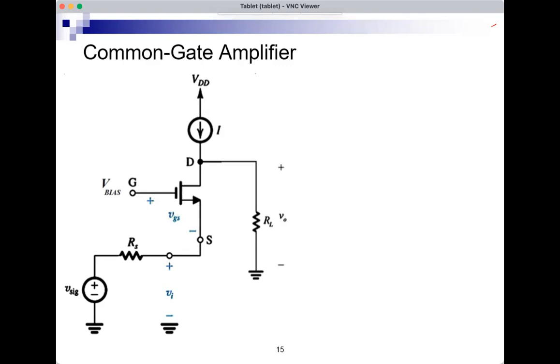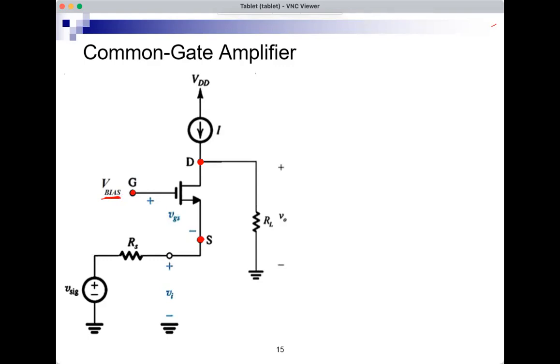And we'll start today with the common gate amplifier, where the input is applied at the source terminal of the MOSFET, and the output is taken from the drain. And the gate is common. The gate has a pure DC voltage, which means that it's at signal ground.